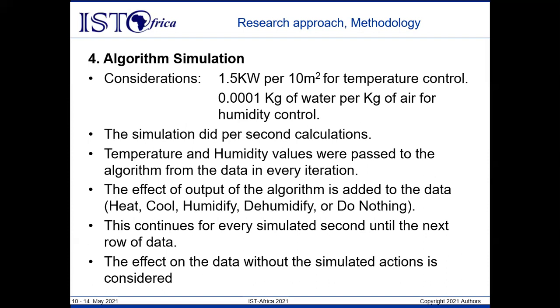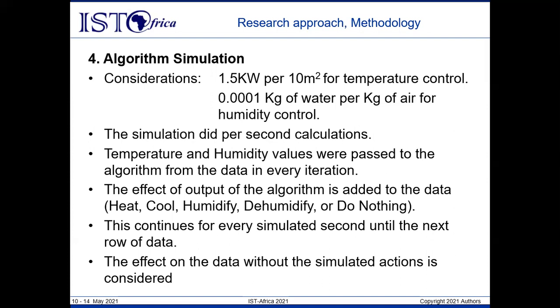But before we simulated the algorithm, there were considerations to be made. First of all, when heating or cooling, we were adding 1.5 kilowatts of heat, or removing 1.5 kilowatts of heat per 10 square meters.